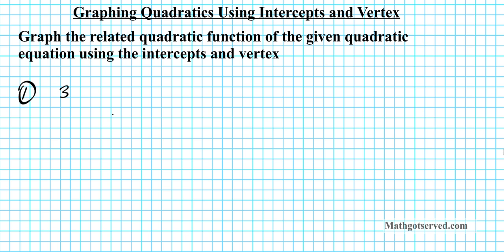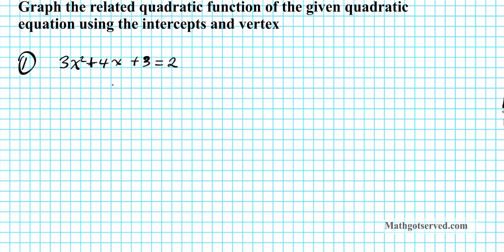Let's consider the quadratic equation 3x squared plus 4x plus 3 equals 2. Now to find the related quadratic function of this quadratic equation, we have to first write this in standard form. To do that, we have to set it equal to 0 with the degrees in descending order.